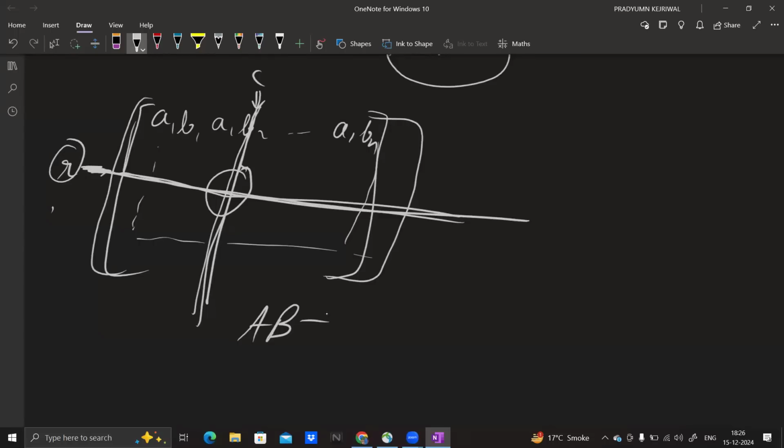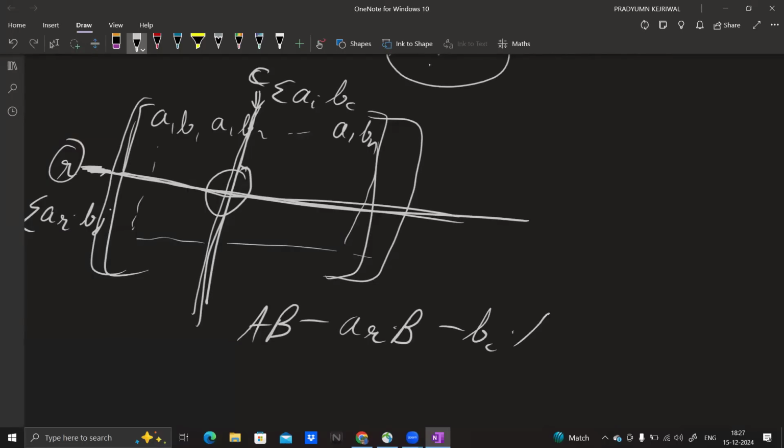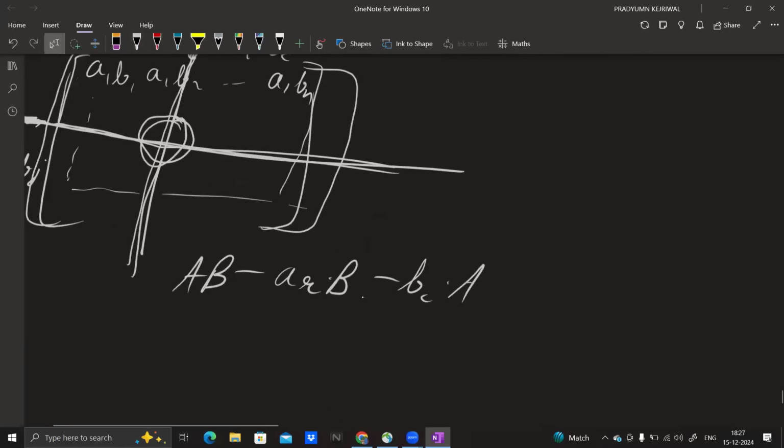In the Rth row, it is AR into BJ, so the sum of elements would be AR into the sum of B, minus, in the Cth column, the elements are AI into BC. So the sum would be BC into the sum of elements in A, plus this element. Like I said, we have to add this element, so it becomes plus AR into BC.